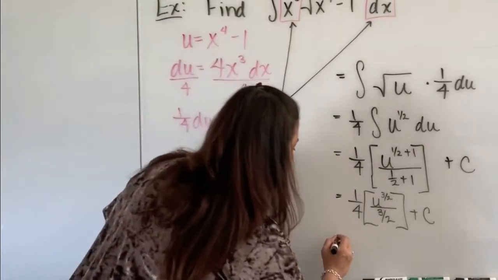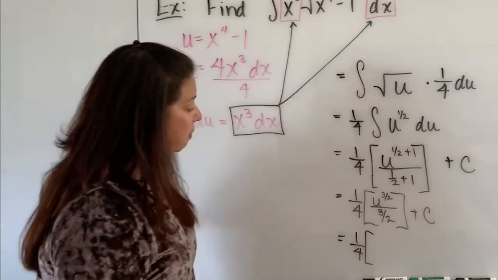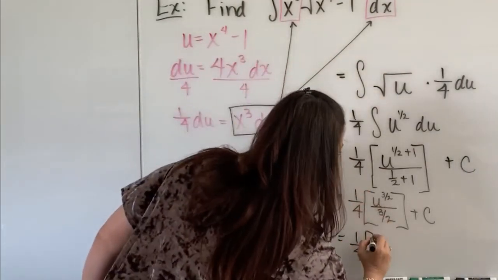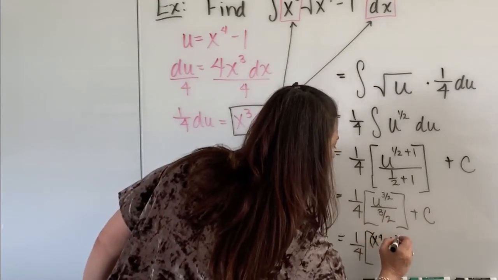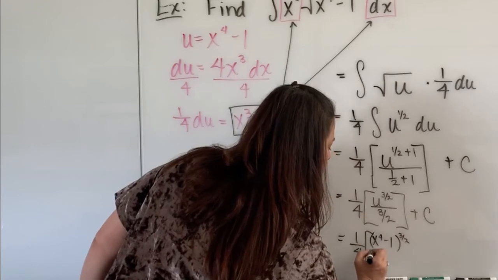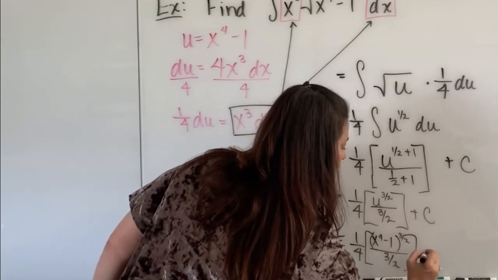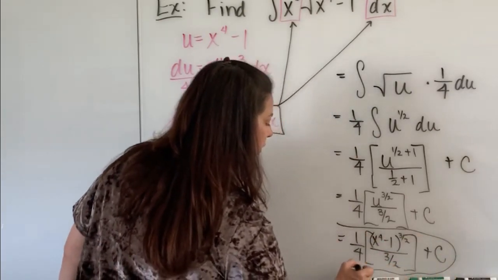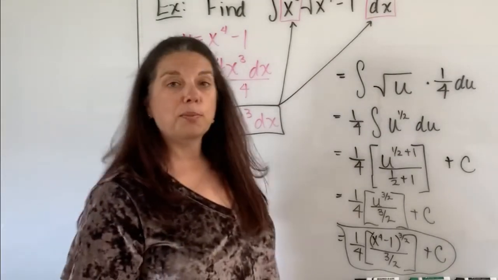I'm not, but I will leave that part to you if you like. So I'll just leave my answer as 1/4 times, instead of a u, I'll have x to the 4th minus 1. That whole thing though is taken to the 3/2 power and is being divided by 3/2. And of course we add C at the end. And so there is our final answer for this particular U-substitution problem.